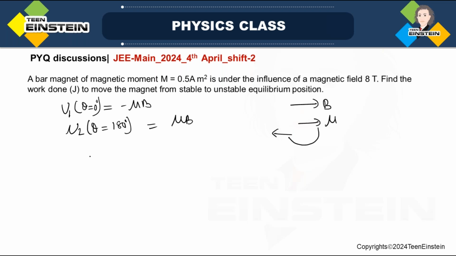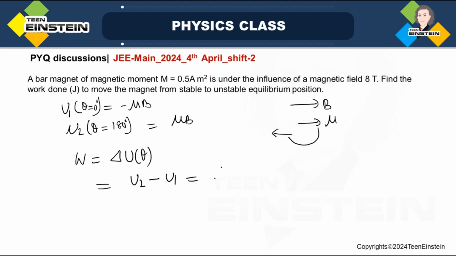So what will be the work done? Work done is actually the change in the potential energy. So what will be the change in the potential energy? That is U2 minus U1.